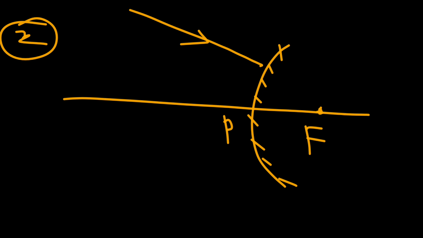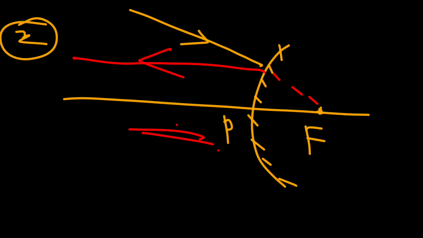Okay, now when a light ray appears to come from the focus, after reflection it passes parallel to the principal axis. This is rule number two. When a light ray appears to come from the focus, after reflection it diverges parallel to the principal axis.